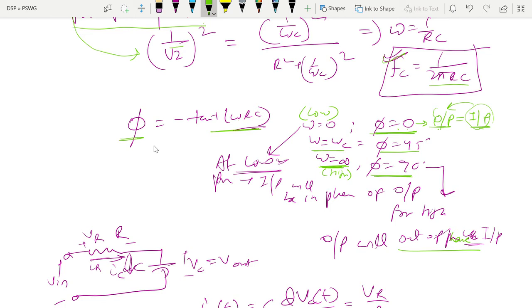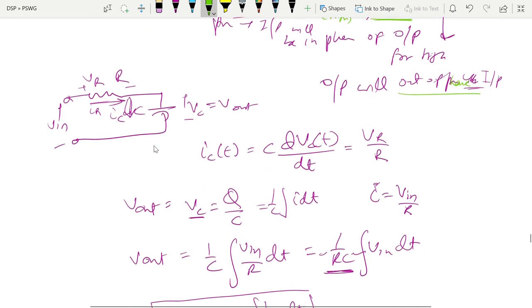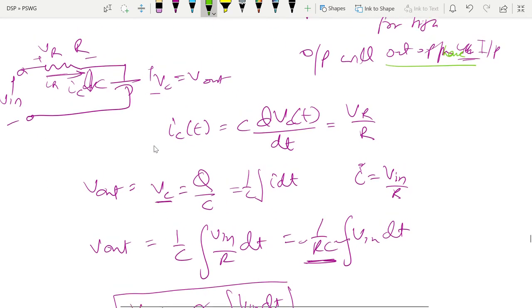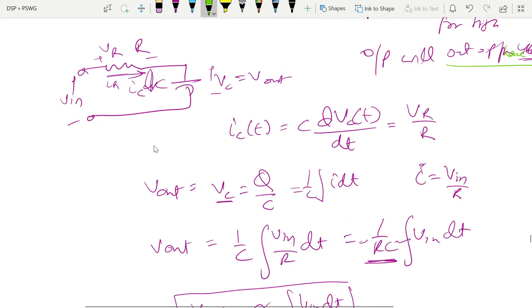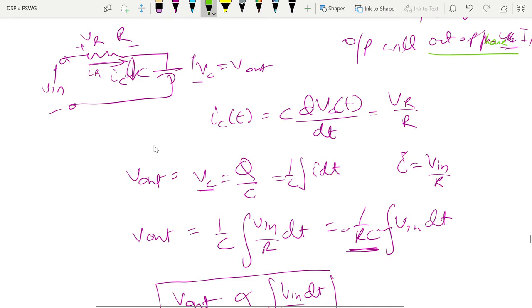In this way we can easily understand how it acts as a low pass RC circuit. Going further in this RC circuit, the output voltage will be the voltage across the capacitor.